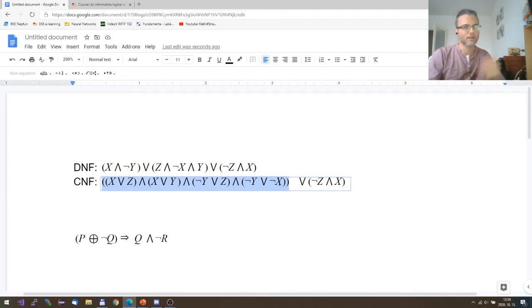Well, again, you have to pair the elements of this conjunction with all the elements of this conjunction. This conjunction has such elements, x or z, x or y. And those must be paired with those 2 literals. So let me show you.